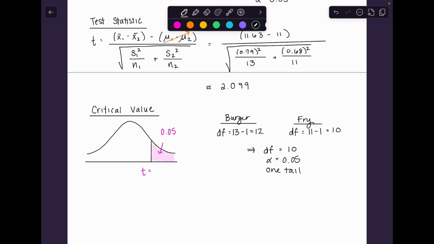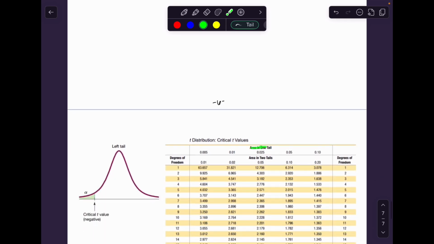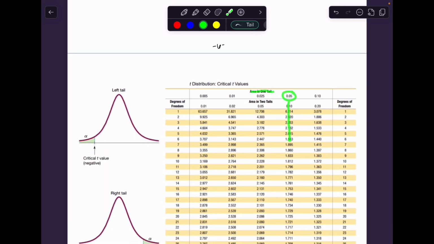And so those two things alone give me exactly how to find my critical value. So my area in one tail, which is up here, is 0.05. So I'm going to look down here until I get my degrees of freedom being 10. So my critical value is going to be 1.812.